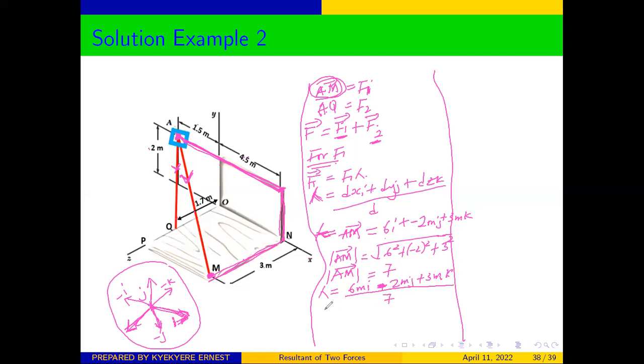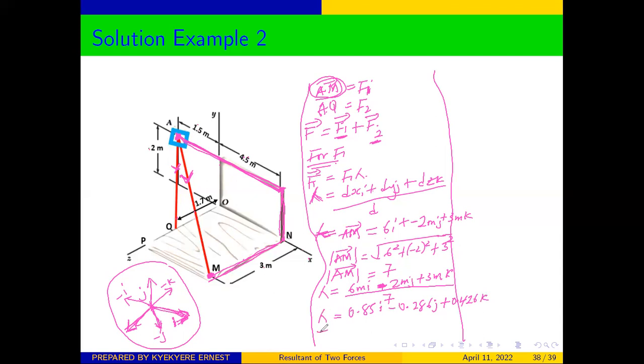And from here, we can get our lambda as 0.857 i minus 0.286 j plus 0.426 k.